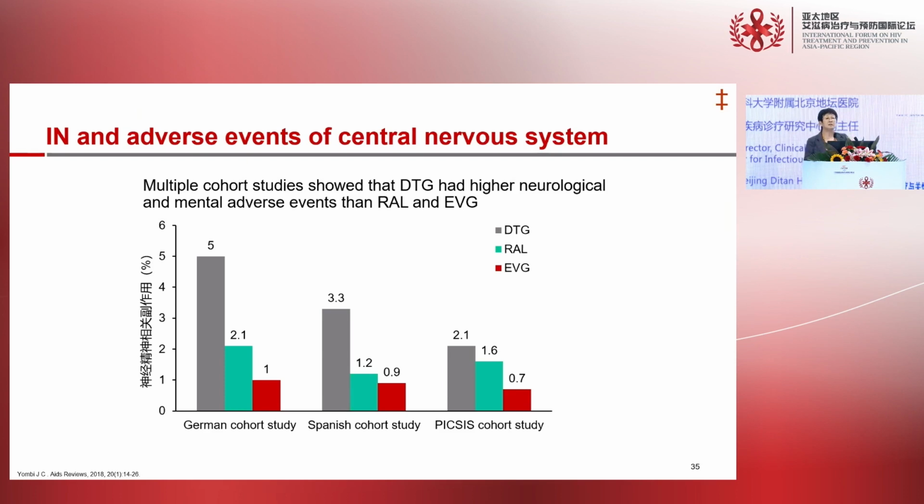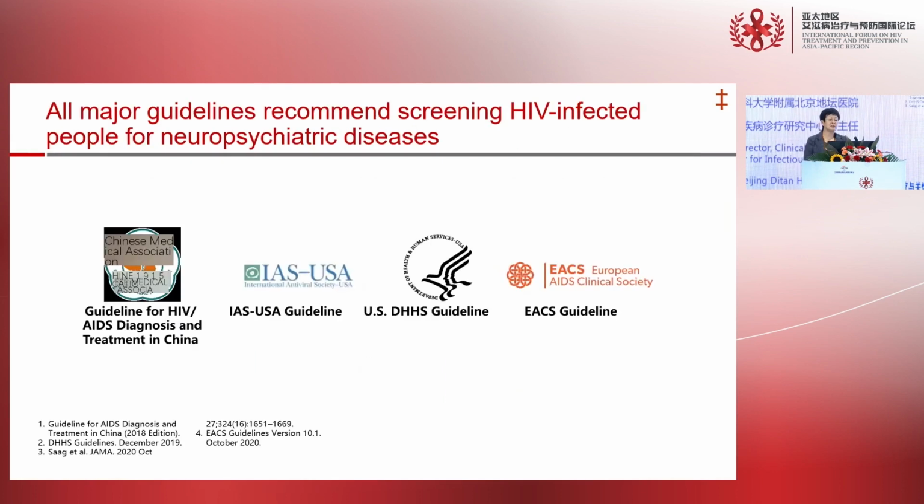The same is demonstrated in this study, though with lower incidence, for example lower than 5% of neural-related complications. Therefore, we need to recommend screening for psychological and neural function. This has been recommended by many guidelines.